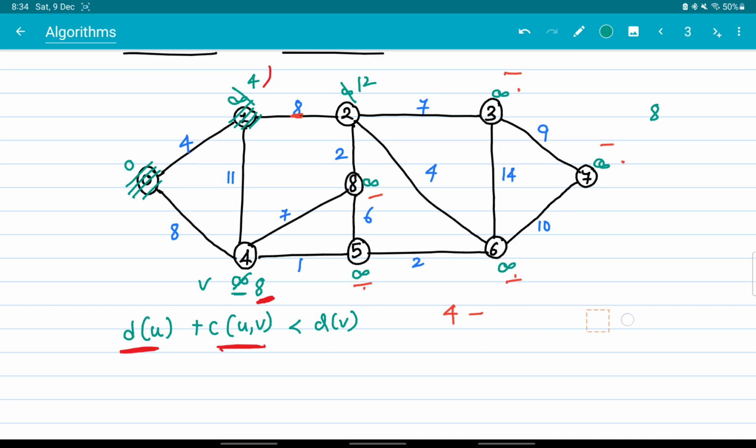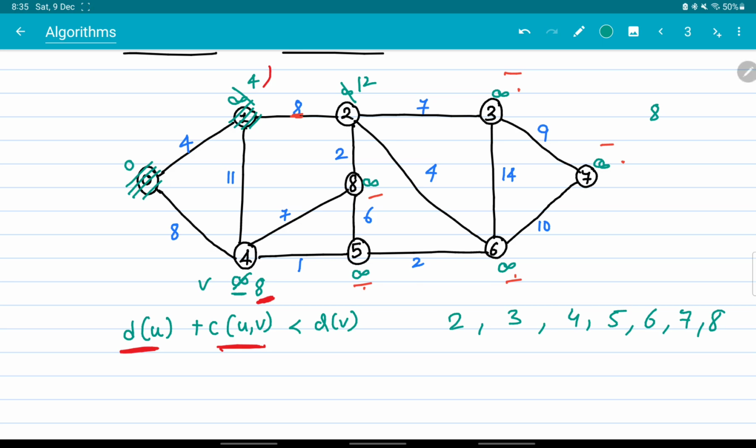Okay, so now what are the distances of the remaining nodes which are left over? Let me go in order. We have 2, 3, 4, 5, 6, 7 and 8. These are my remaining vertices. And what are their distances?